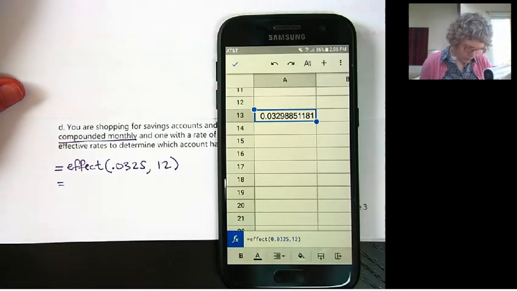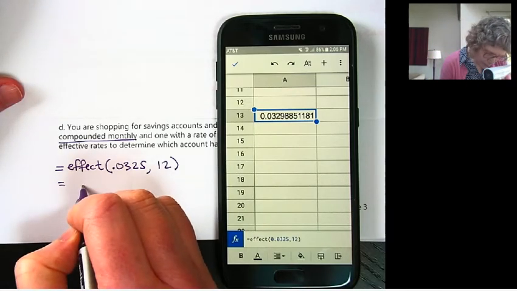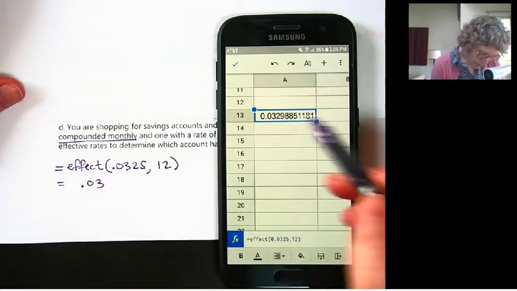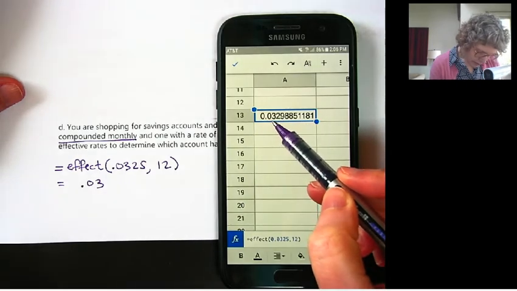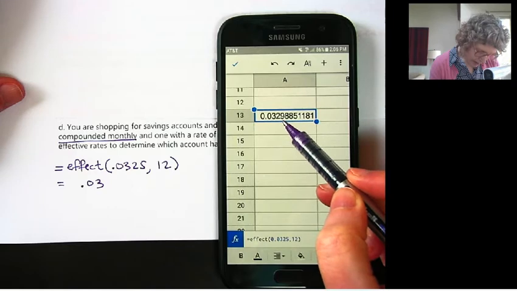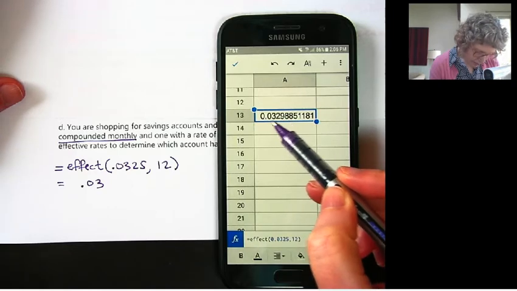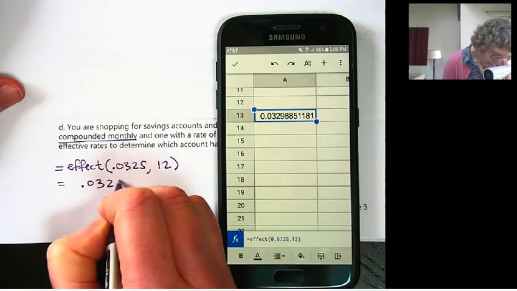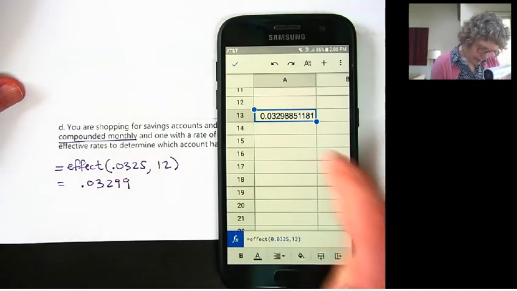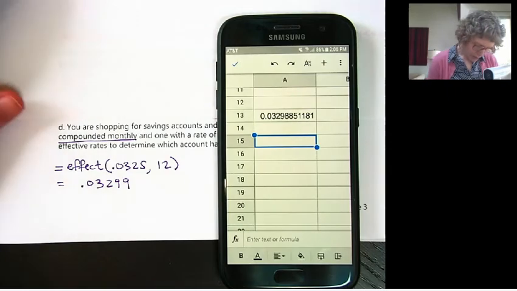Okay, so let's see what this means. I'm going to do, I think, 4 decimal places so we can compare. 0.03299. And then this is where it's good to be able to see both numbers at the same time.